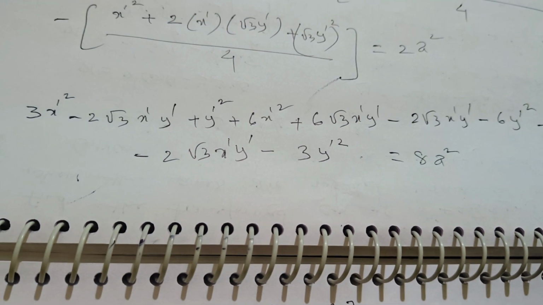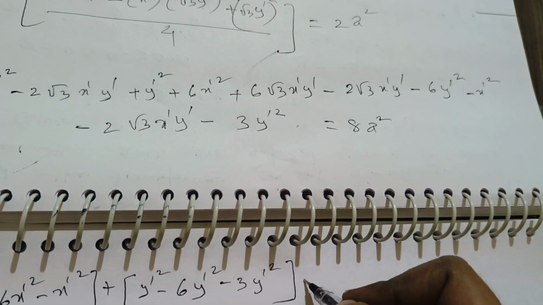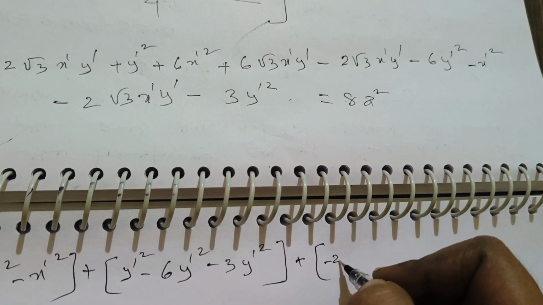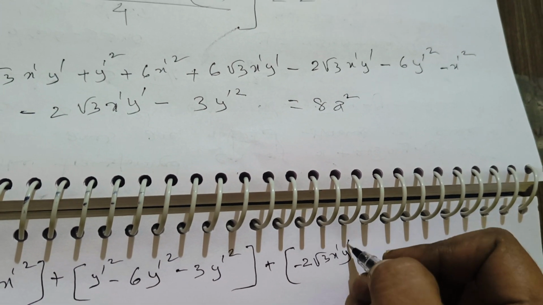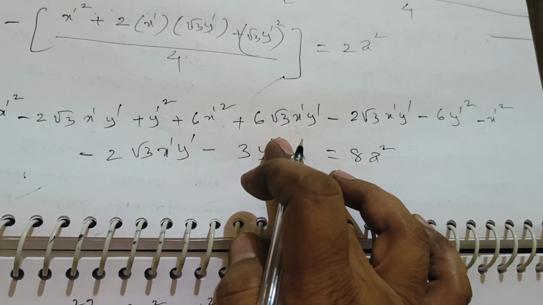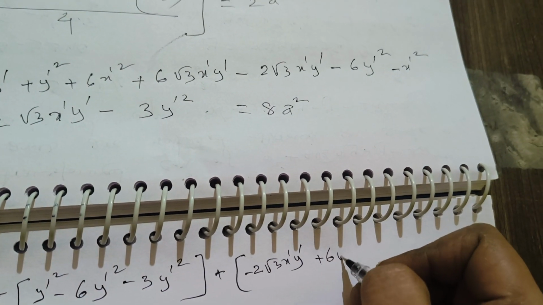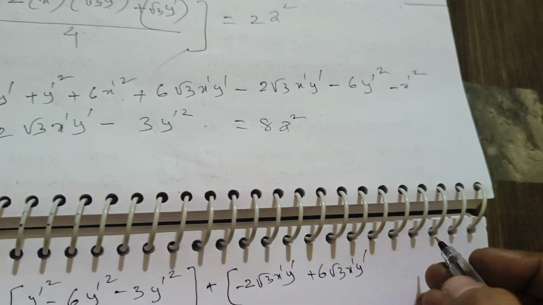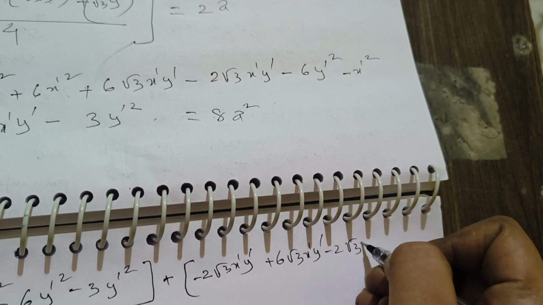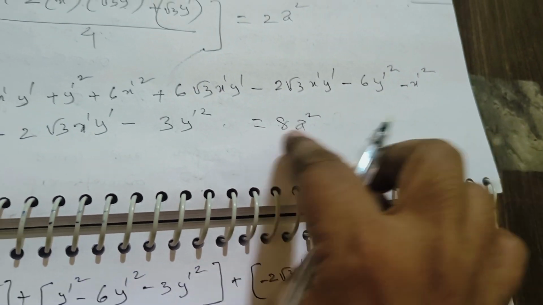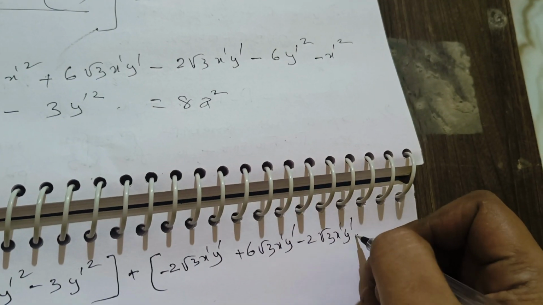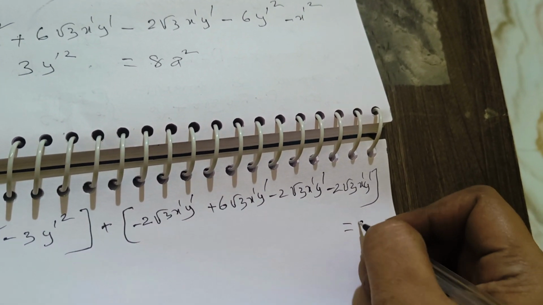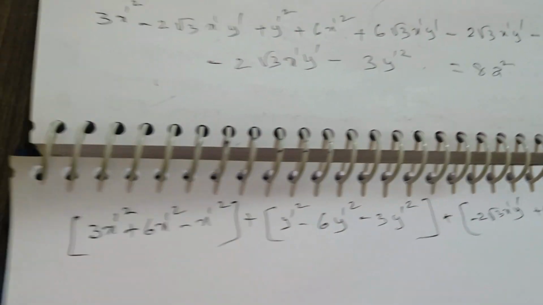Now the x dash y dash terms: minus 2 root 3 x dash y dash, after that plus 6 root 3 x dash y dash, again minus 2 root 3 x dash y dash, and next again minus 2 root 3 x dash y dash, is equal to 8a square.